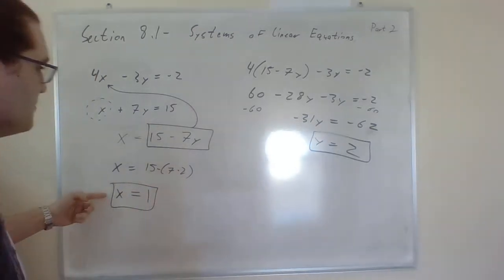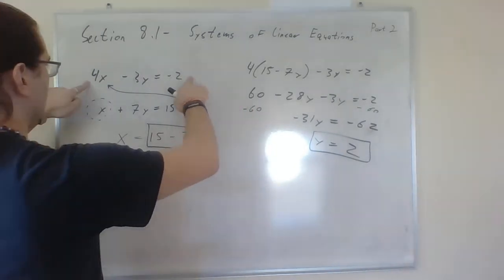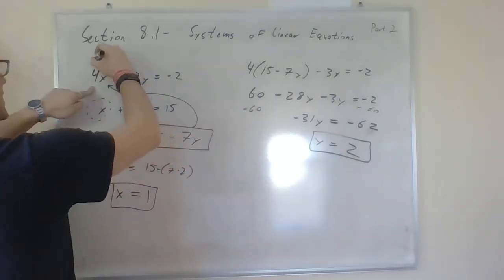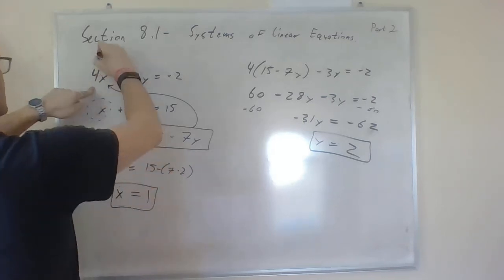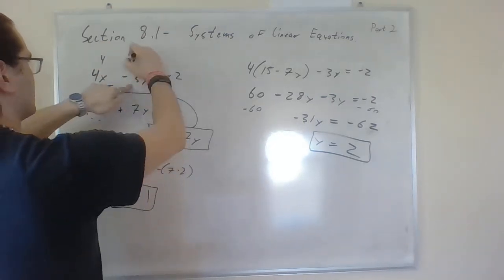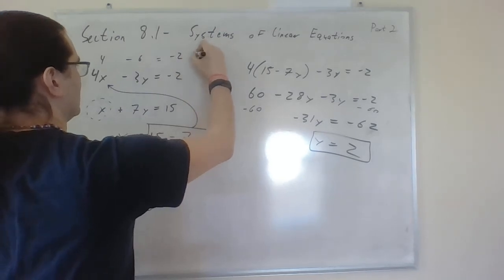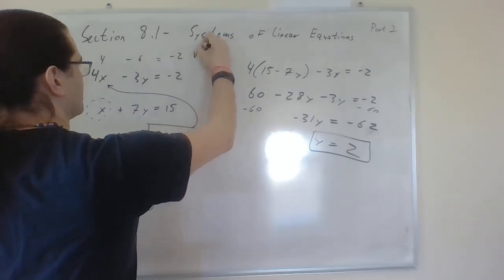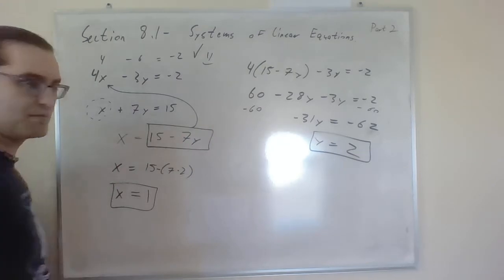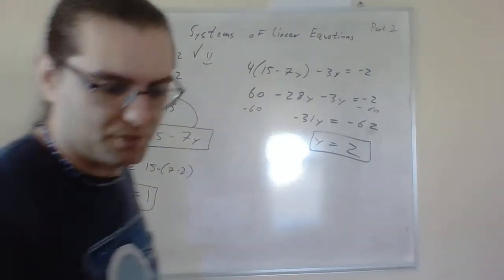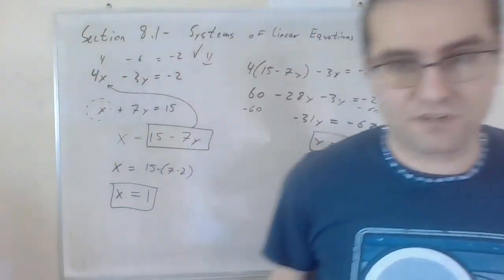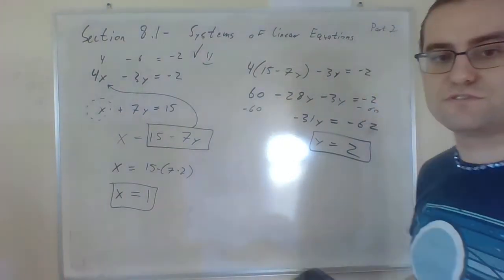And then we're going to double check it in the unused equation. 4 times 1 is 4, minus 3 times 2 is 6, does equal negative 2. That is a big check mark and a happy face because that works. So this is a good example of systems of linear equations that you want to solve with substitution.